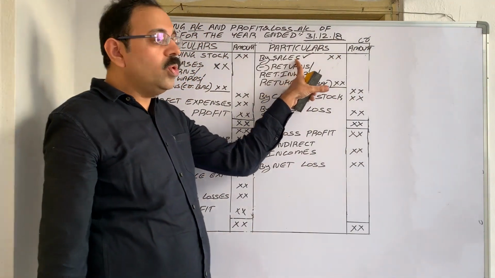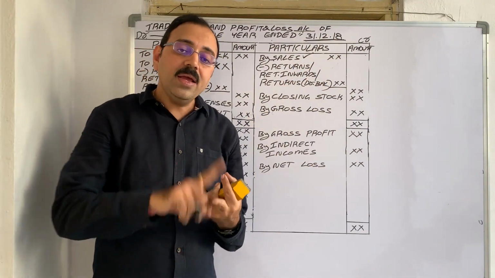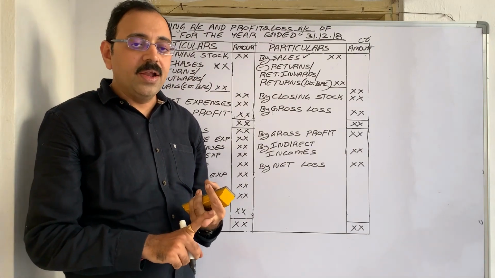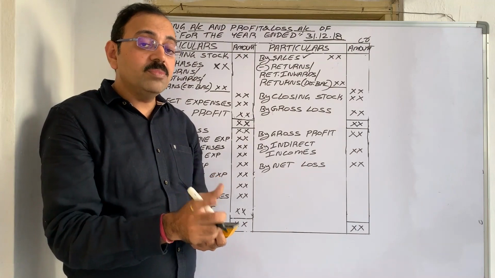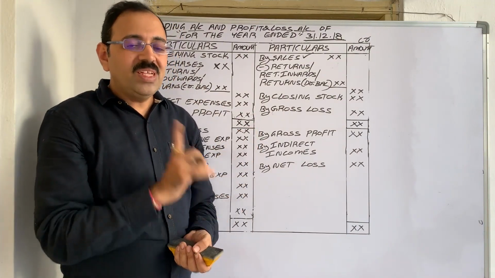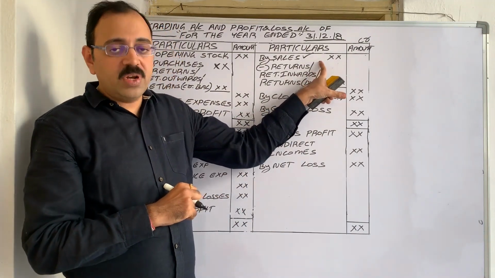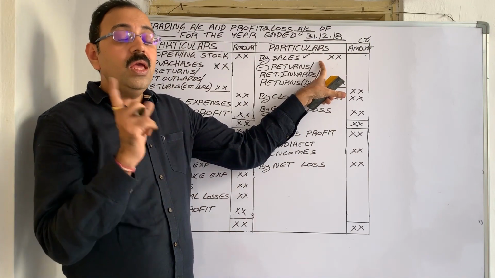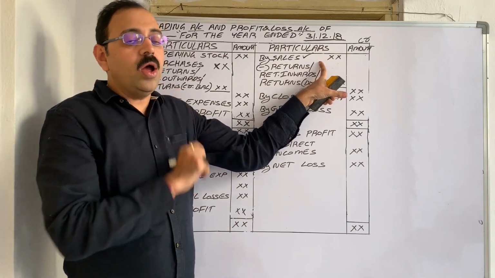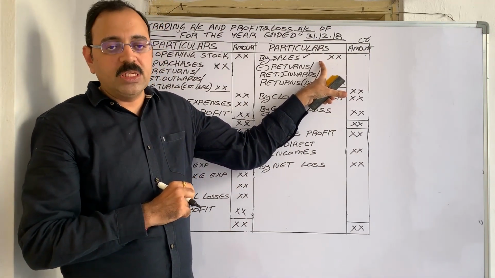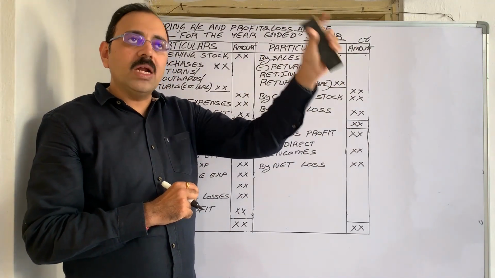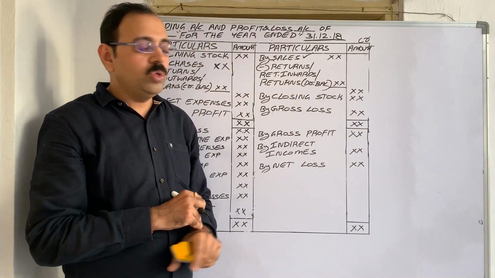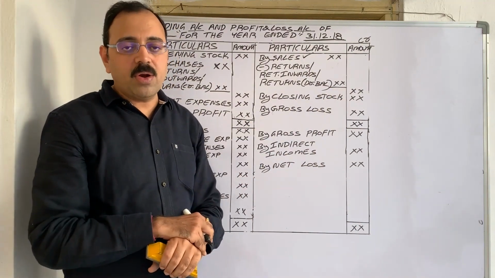These sales include cash sales and credit sales. Regularly the firm sells goods and rarely the firm sells a fixed asset. So which sale do we credit to the trading account? Only the goods which we sold on cash basis or credit basis. If a fixed asset is sold, in the balance sheet you have to deduct that from the concerned asset. You should not write it in the trading account.